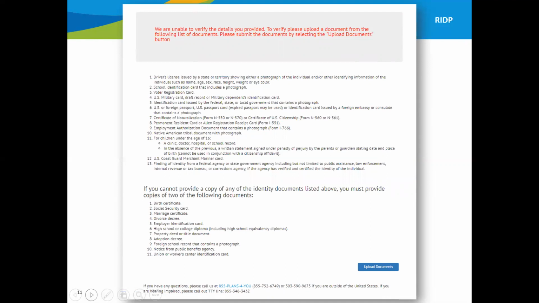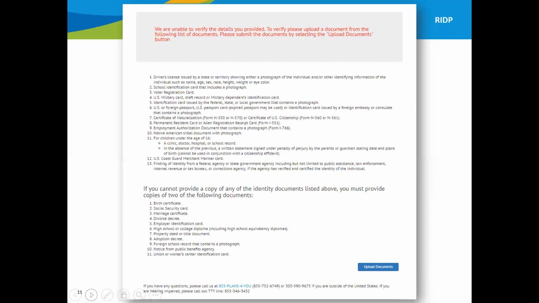The individual could upload either one copy of a document from the top list there or a copy of 2 of the following listed on the bottom section of that list. The individual would upload the documents directly to their Connect for Health Colorado account under the My Documents selection. And this functionality is also available from the Upload Documents blue button there, listed in the lower right-hand corner.